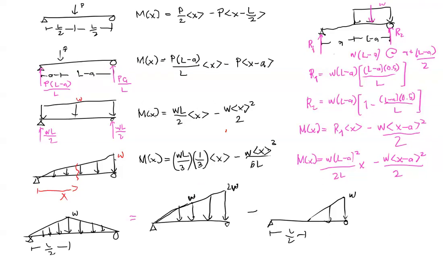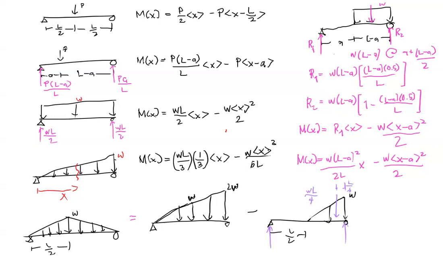Kailangan natin makuha yung reaction forces. Ang unang step is kunin yung distributed load na katumbas na concentrated load. Yung katumbas na concentrated load niya is WL over 4, and it's located at a distance of L over 6 from the left end.